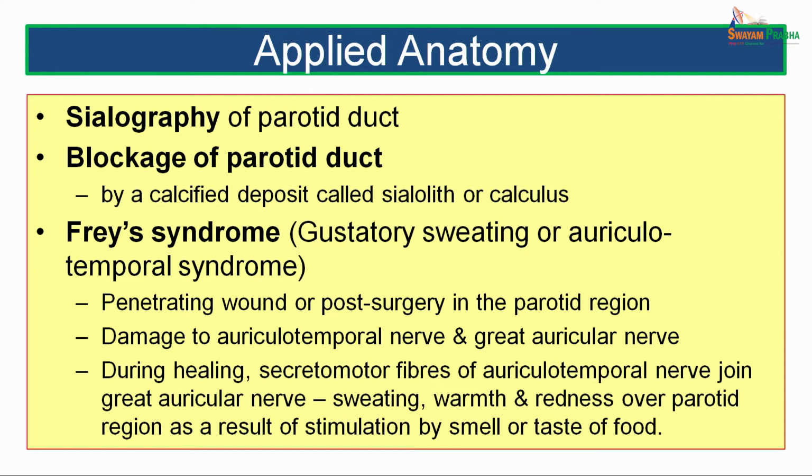The dye passes through the parotid duct and an X-ray is taken to see whether the parotid duct is patent or is blocked because of any parotid calculi which are lodged in the duct. Blockage of the parotid duct again can be because of a calcified deposit called a sialolith or a calculus.